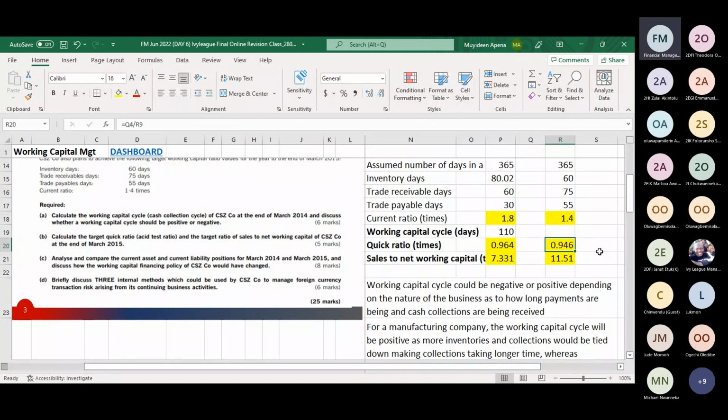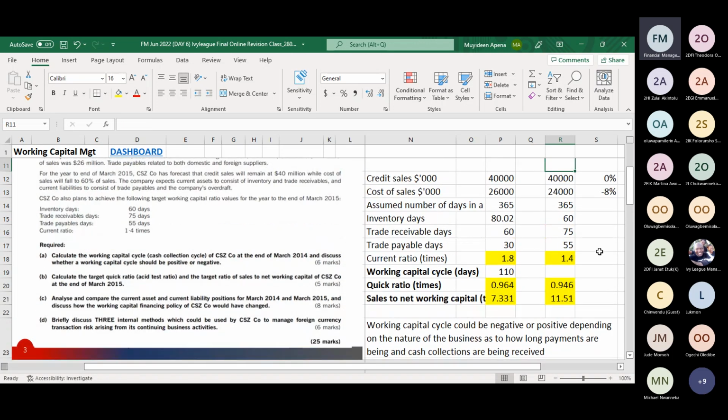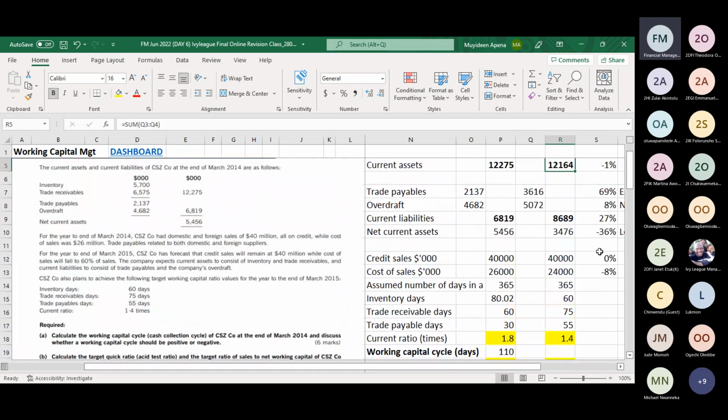Okay, and also if you check sales to net working capital, what determines net working capital is the difference between current assets and current liabilities. And we can see that because more of current liabilities happen, it dropped the net current assets. As it drops net current asset, it means this balance we call net current asset is being financed by long-term capital. So we need less finance from long-term capital in 2015 compared to 2014.